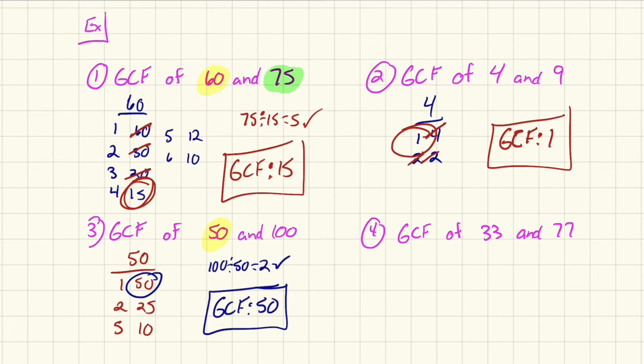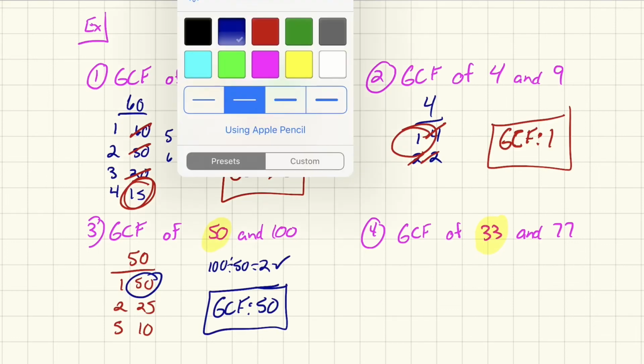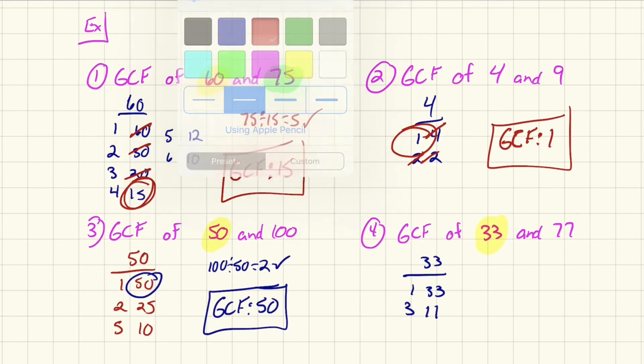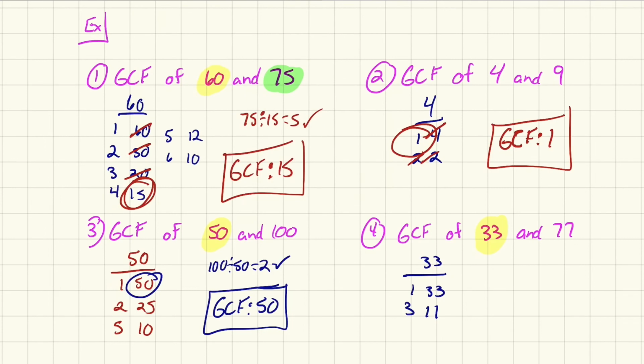All right, moving on to number 4. We're following the same process here. So we're going to say, what are our numbers that multiply to give us 33? Well, we start and we say, well, cool, 33 can be 1 times 33, and it can be 3 times 11. So all we have to do is check these terms to see which one goes into 77 evenly.